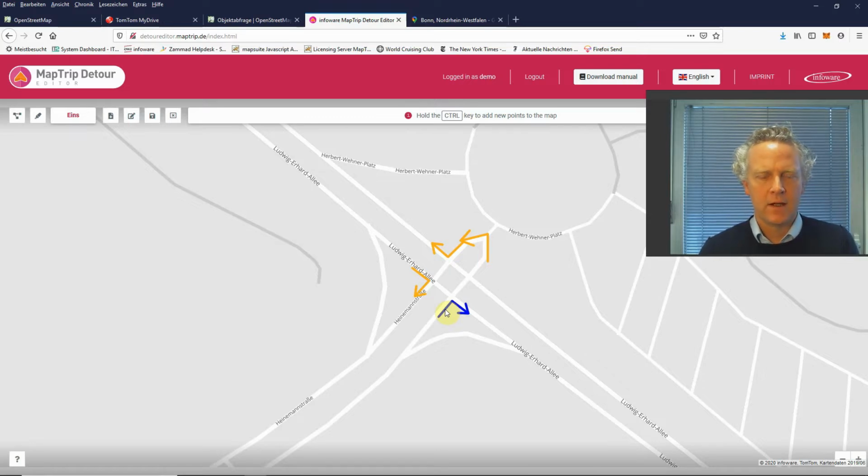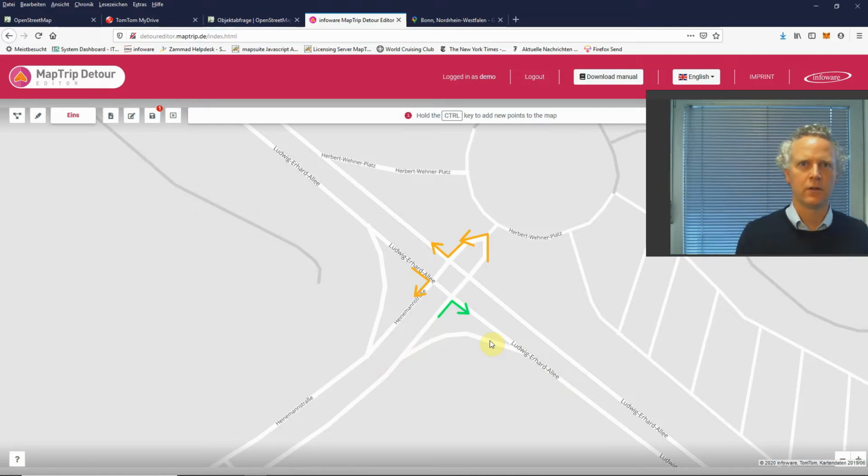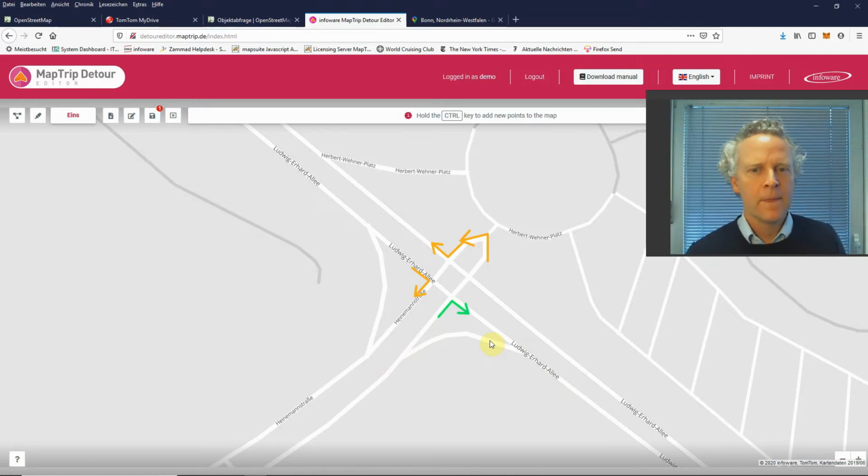This is the information that our routing system, our navigation system, has to consider and say if you want to go from here to there, then you have to take this path. You are not allowed to do this unless, of course, you're using maptrip detour, you're the police or somebody, and then that is allowed.